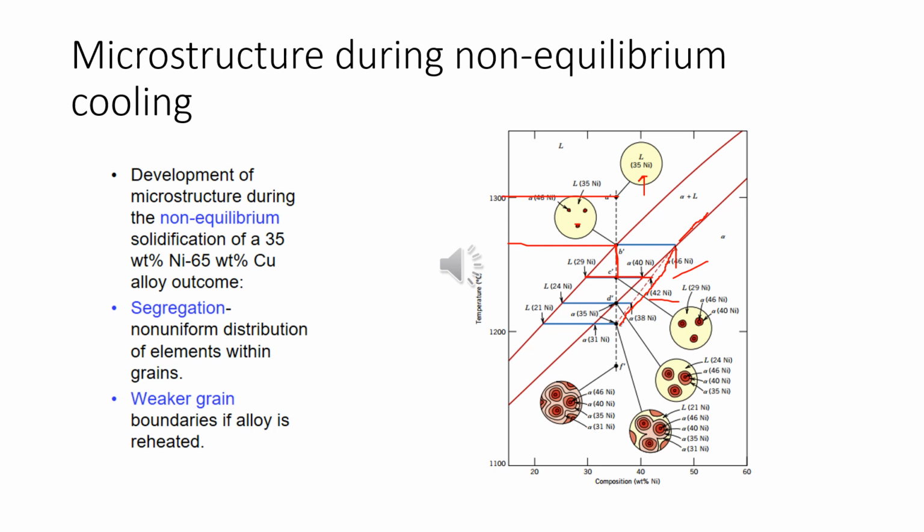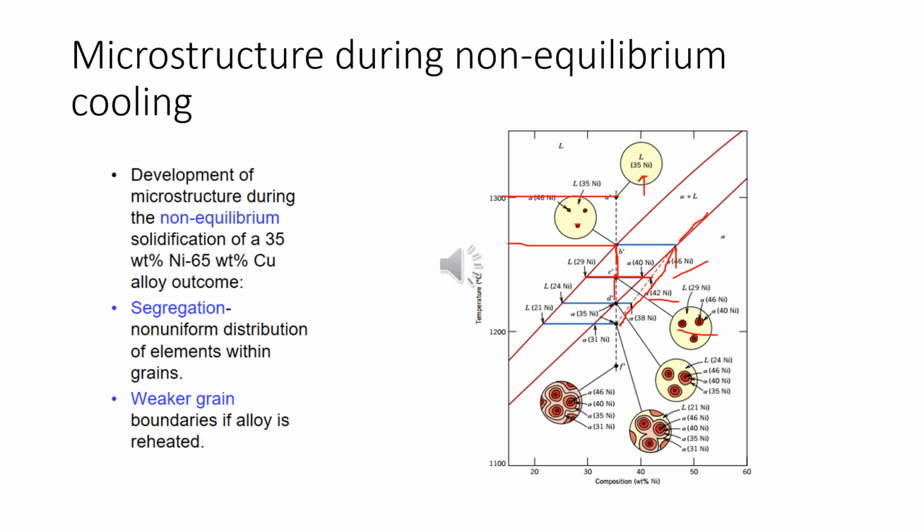For the average composition, suppose we study the grain body. The grains start forming in the transition stage from the solid 40% nickel to 46% nickel at C prime.